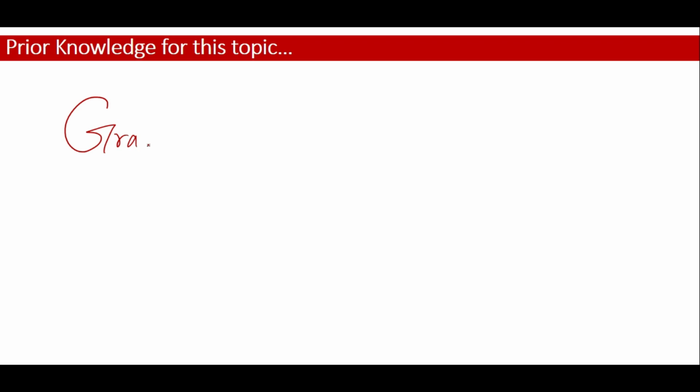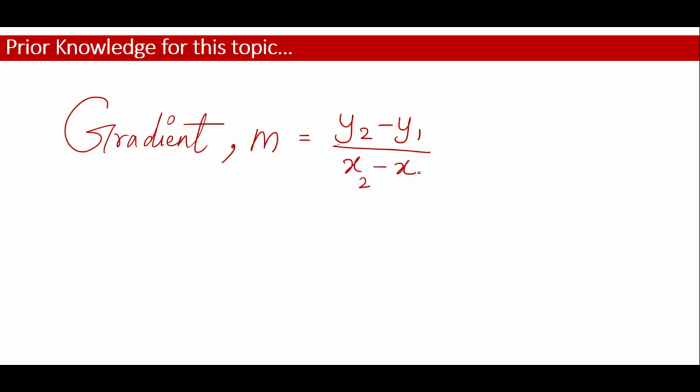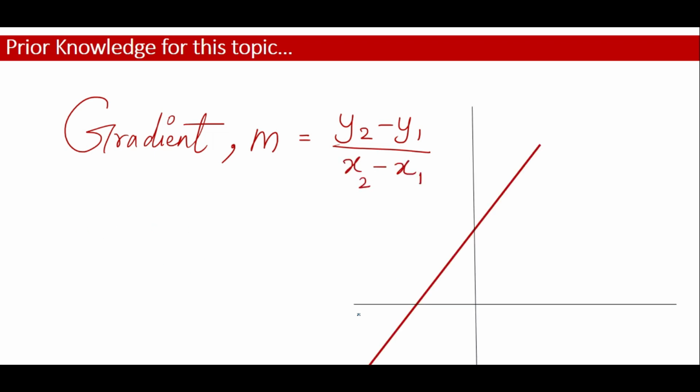Now the gradient, denoted by the letter m, is given by the formula y2 minus y1 over x2 minus x1. So when you have a line, you can take any 2 points lying on the line.